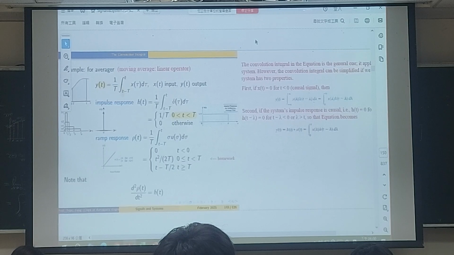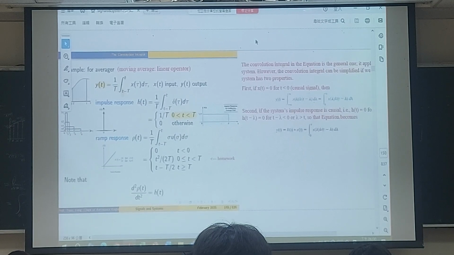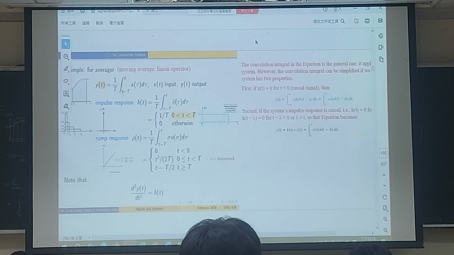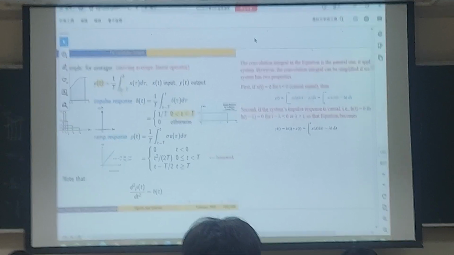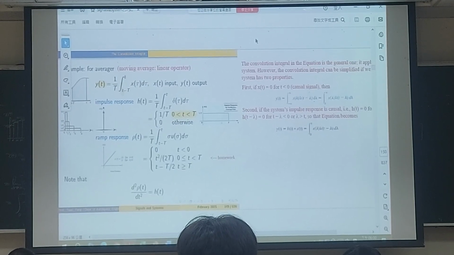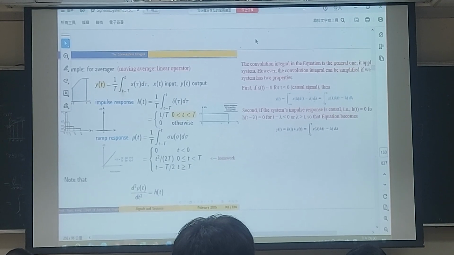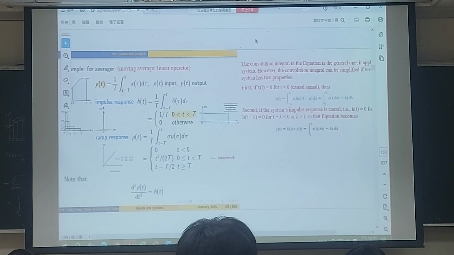Again, we have an impulse input, and the output is the moving average. What is the moving average in this case?